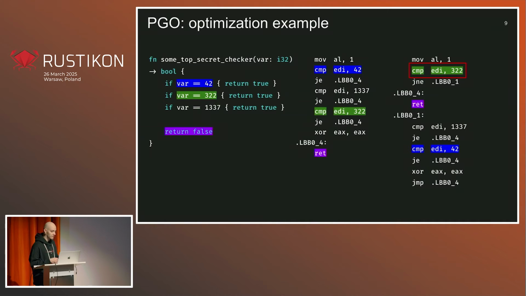Secondly, we also move the return statement to the beginning of the function because it improves instruction cache locality, so your CPU L1 instruction cache will behave better in practice. The rest of the function is pretty much the same.